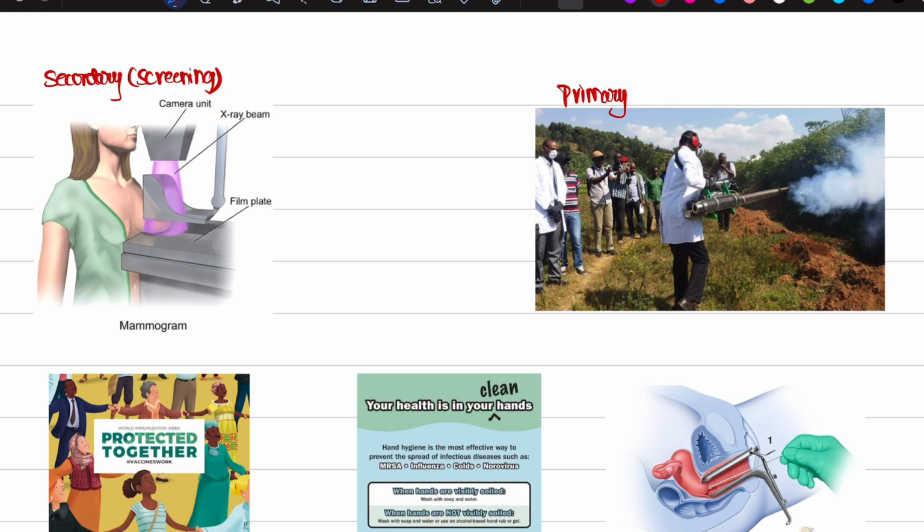In primary level of prevention, what does it come under? Does it come under the individual or the community? Does it come under the individual or health promotion? See, he is spraying so that there will be fewer mosquitoes. It's going to help the whole community, not only that guy, not only you and not only me.